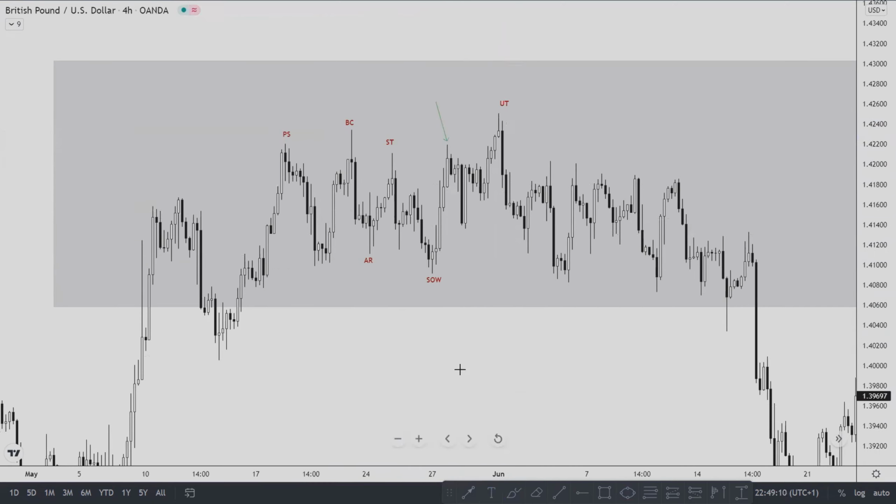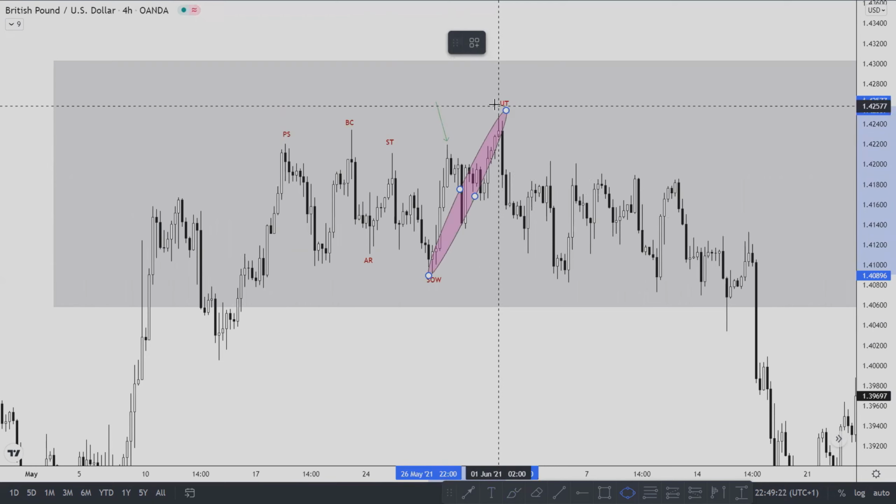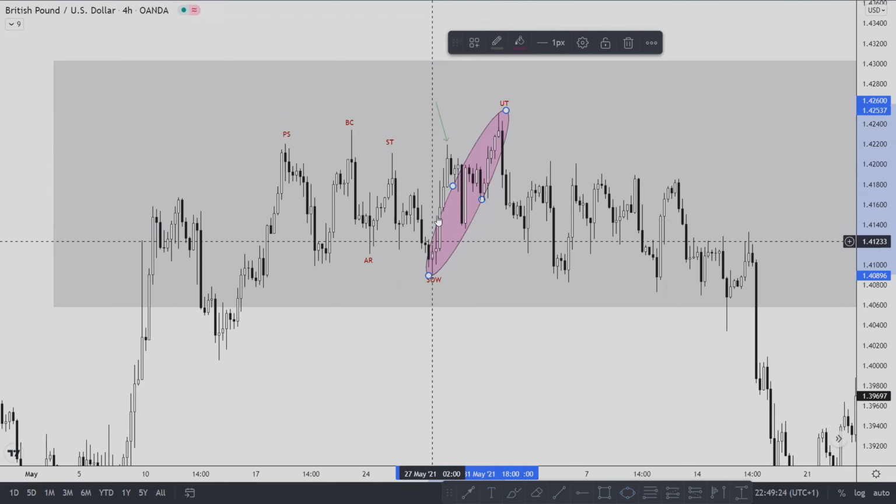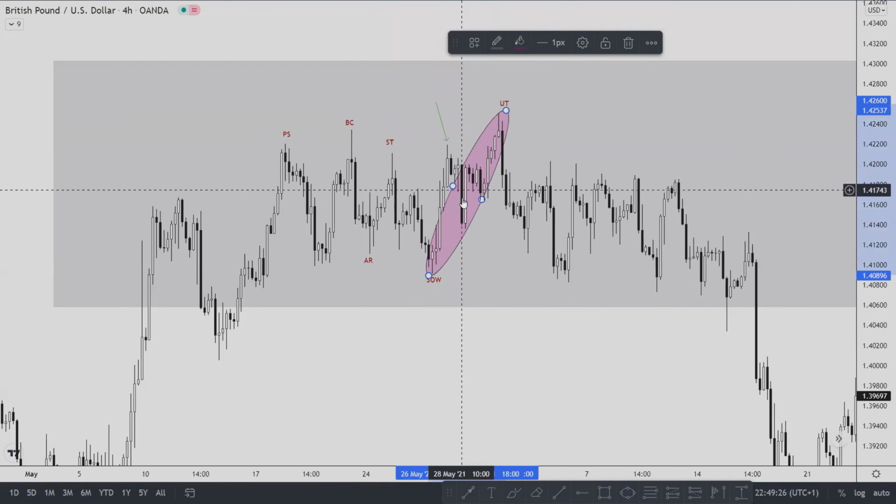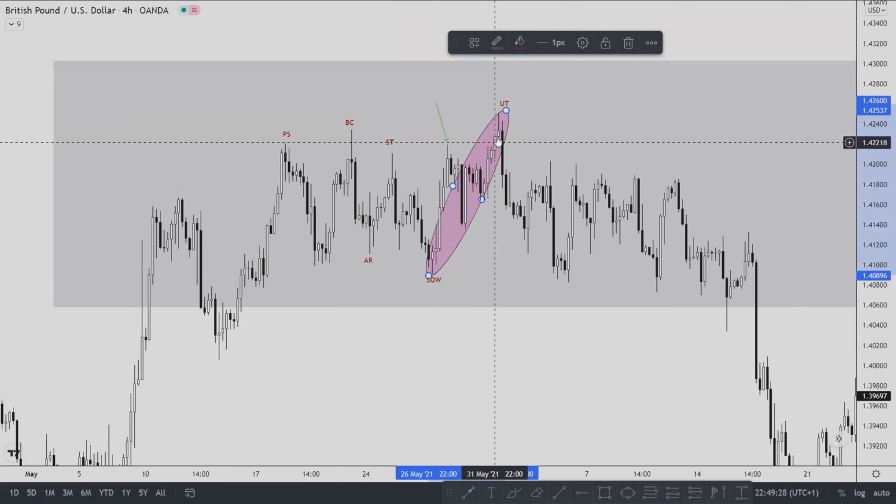Second reason is, like I mentioned in this scenario here, how we have the 1, 2, 3. This is essentially from this low, we were trying to get to this high. But we just had this distraction that came down and then continued going higher.